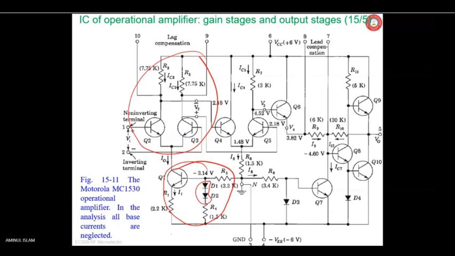Yes, sir, understood. So it is the same thing: the first stage of the operational amplifier. We are going to study this operational amplifier after some time. Its first stage we are discussing now, the emitter coupled differential amplifier, which has been used in this operational amplifier integrated circuit.